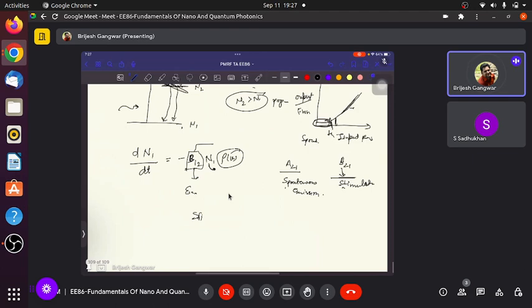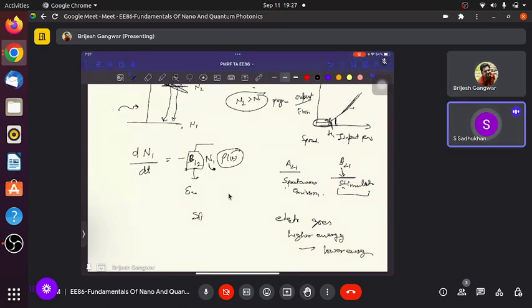The emission happens when the electron goes from higher energy to lower energy, right? Is it possible that we have lots of electrons in the lower energy and they will suddenly go to the higher energy?